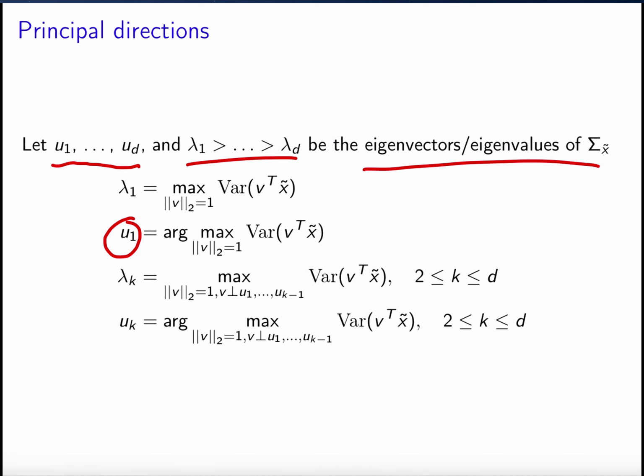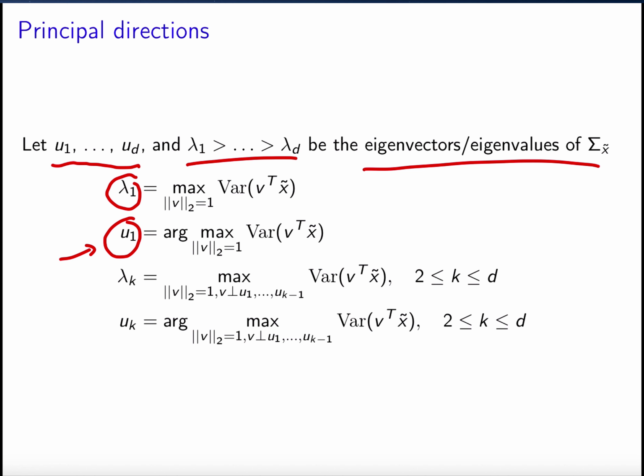Because we're interested in a quadratic form where the matrix is the covariance matrix, the maximum variance is the first eigenvalue of the covariance matrix, attained in the direction of the first eigenvector. If we're orthogonal to that first eigenvector, then the maximum variance is attained in the direction of the second eigenvector, and so on and so forth.